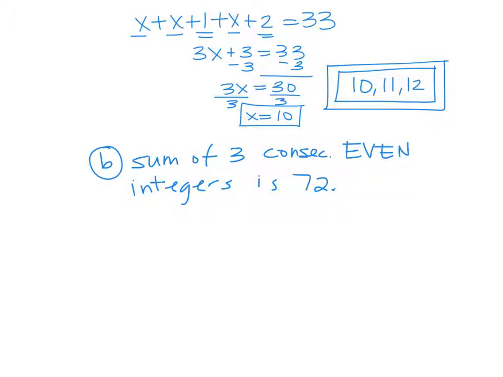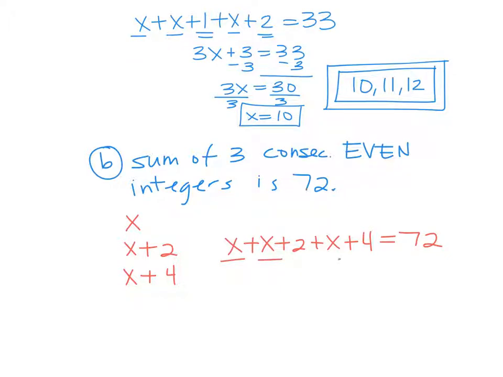So if my first number is x, then my next number is no longer x plus 1, because that'd be an odd number. We want the next even number. So x plus 2 would be the next one. x plus what? 4 would be the one after that. So we're going to say x plus x plus 2 plus x plus 4 equals 72, and solve for x.